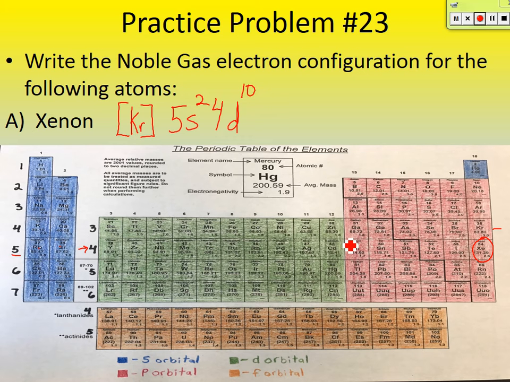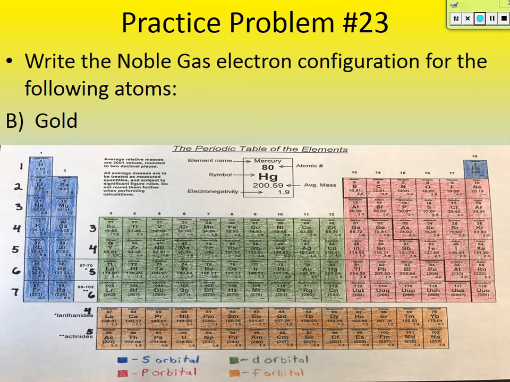And now we're right here. What happens next? Go back up to 5p, and how many over is xenon? 6 over. If you count them, 1, 2, 3, 4, 5, and 6. Okay, that's it. So if it's a noble gas, you still have to use the preceding noble gas and build it from there. Okay, let's try B.